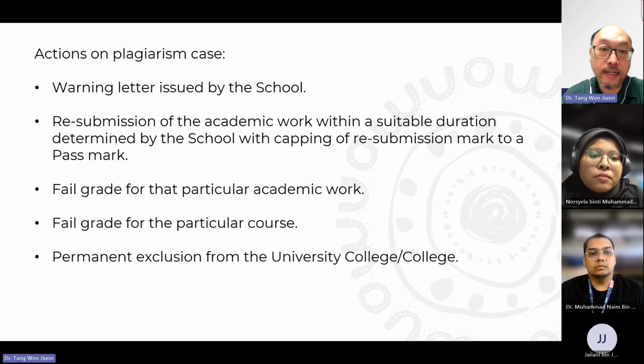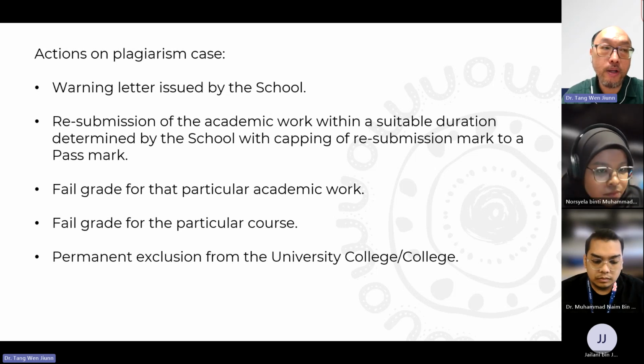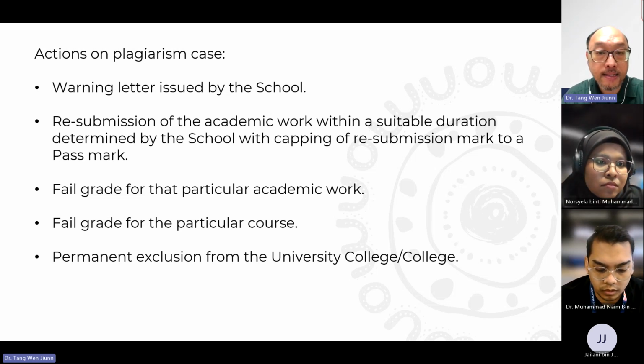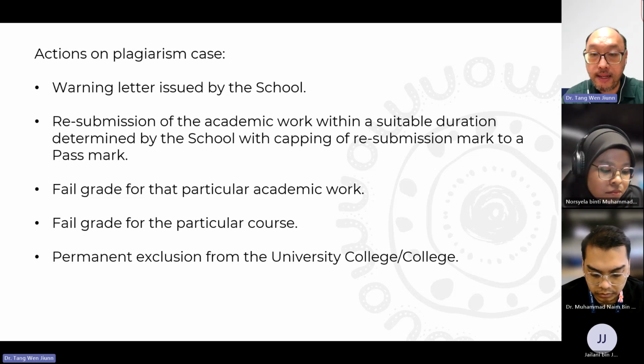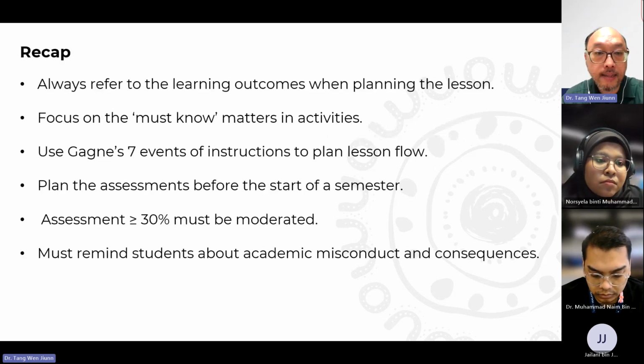We have covered lesson planning, then the assessment part, the question paper, the answer, a little bit about how to key in the marks, and lastly academic misconduct.